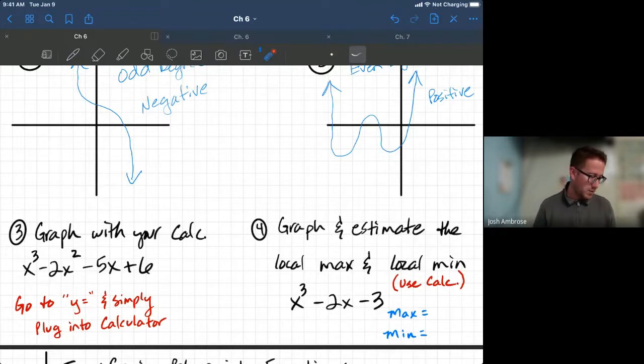Okay, so when you do that, let's see what we should be getting here. All right, graph it, and it looks like I had a different graph in there, so give me 1 second. Okay.